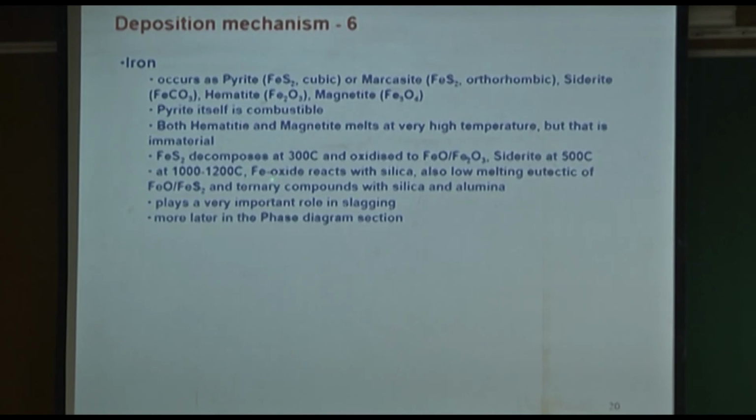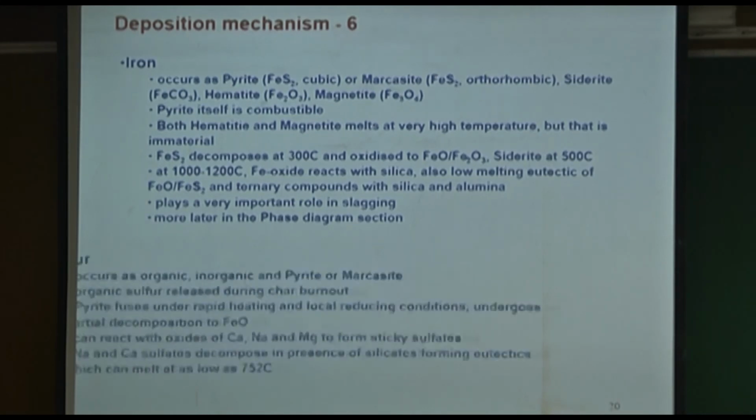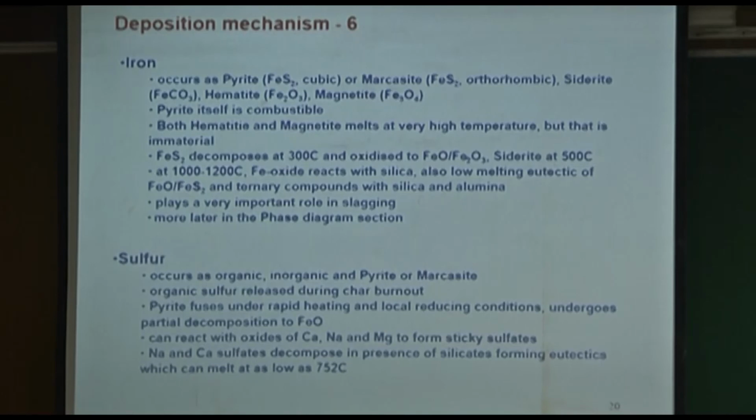And here I have given why these are problematic, because they may decompose and start reacting later on, at a very high temperature or low temperature. And iron plays a very important role in slagging. If you have a low iron containing coal, the slagging problem will not be significant at all. Sulfur is another problematic one.